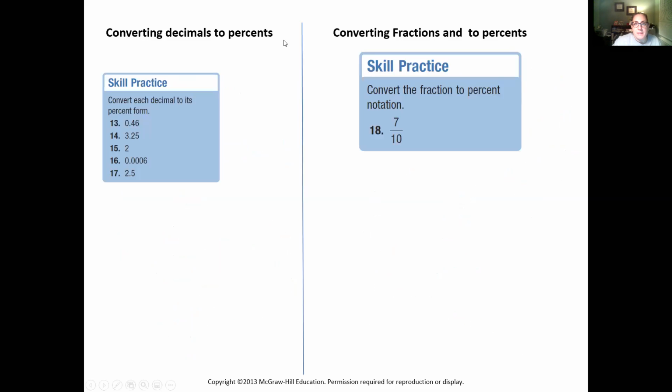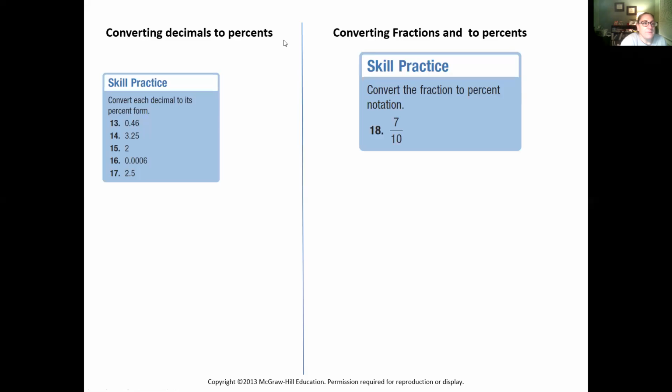All right, here they are side by side. For 13, convert each decimal to its percent form. So you can multiply by 100. 0.46 times 100.